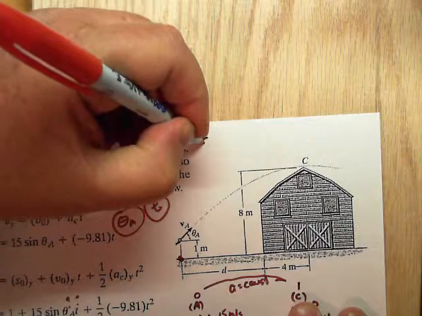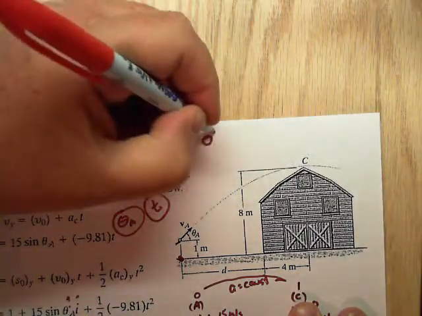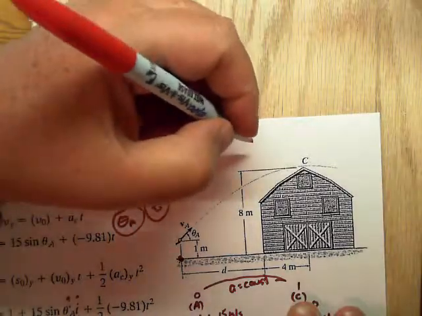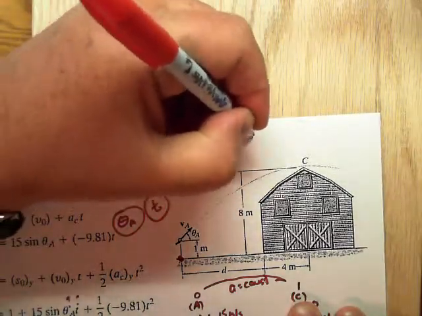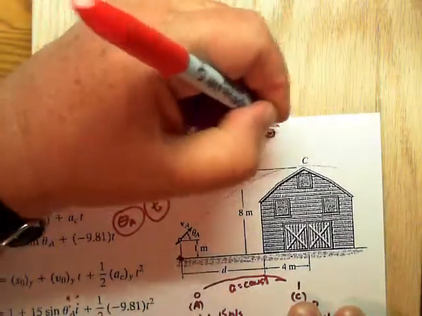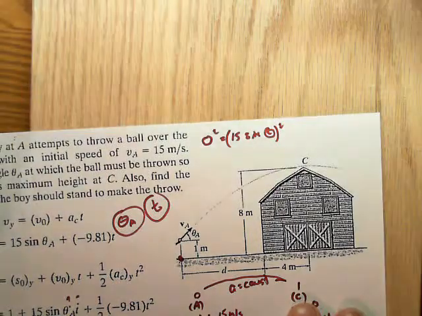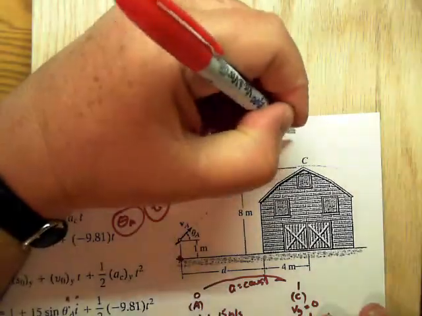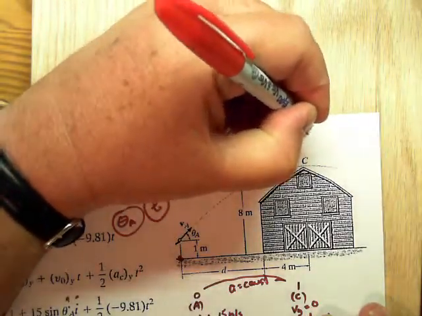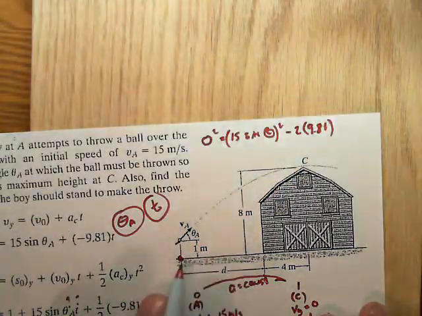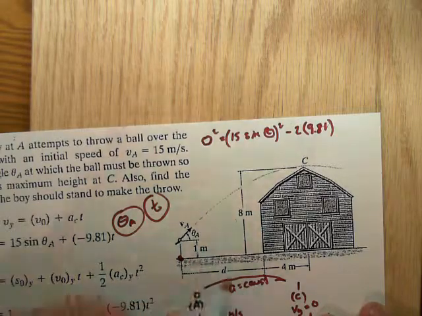Our vy final is 0 squared, which is equal to our initial vy, 15 sine of theta, that entire quantity squared, and then the plus 2a delta s term would be a minus 2 times the 9.81 times a height change of 8 minus 1.